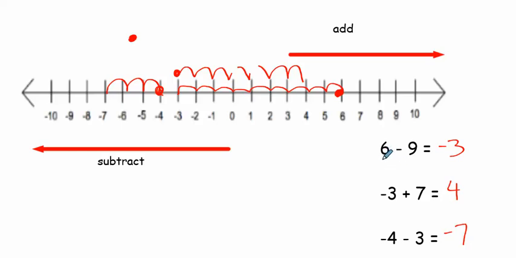If I have $6, but I loan somebody $9, or in my bank account, maybe I had $6 and I paid out $9. So now I'm in the hole $3. I was in debt $3 and I made $7, so now I am back on the positive side, and I have 4. So dealing with money sometimes helps.